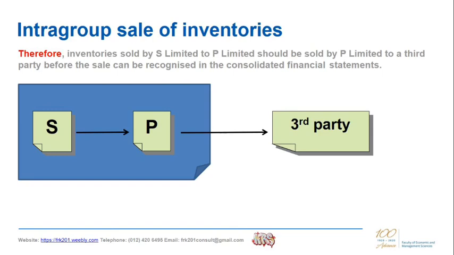This is equally true whether P sells to S or whether S sells to P. The concept remains: if there's an intragroup sale of inventories between P and S, the sale can only be recorded in the consolidated financial statements when the buying entity sold the inventories to a party outside the group.